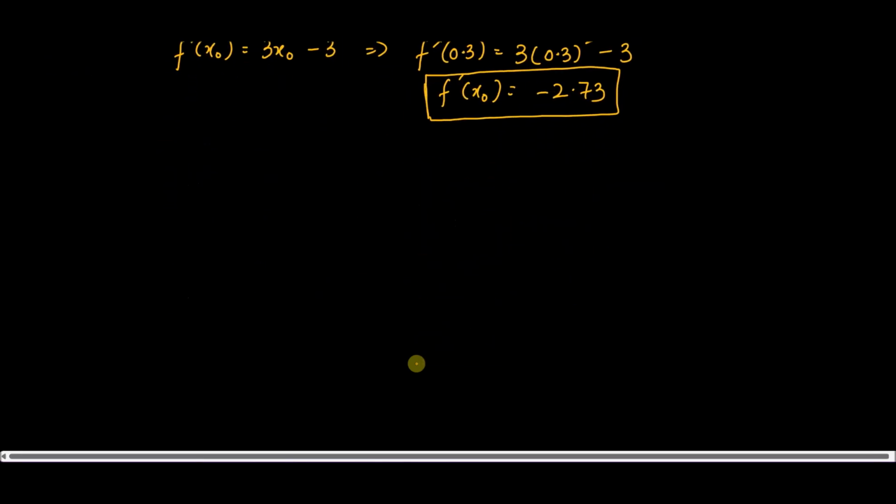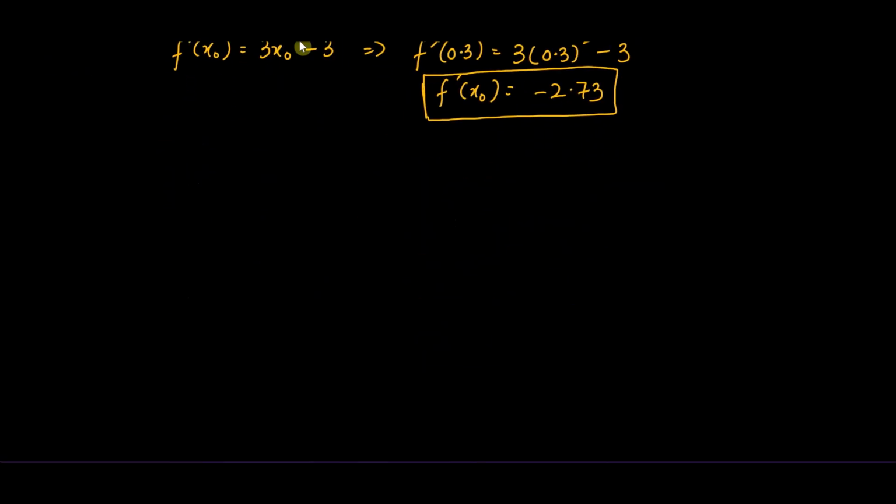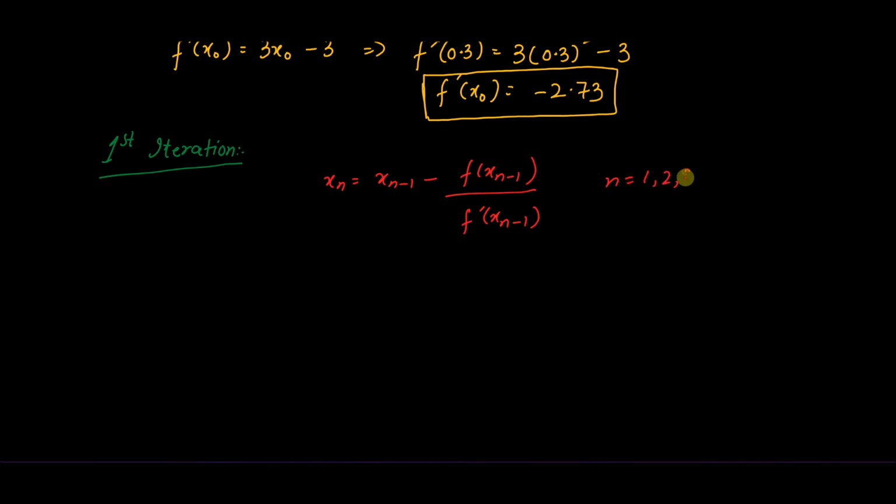Now we are going to substitute f of x naught and f prime of x naught into our first iteration. We are using the generic formula of the Newton-Raphson method, that is x n equals x n minus 1 minus f of x n minus 1 over f prime of x n minus 1, and in that formula n varies from 1 to 3 and so on.